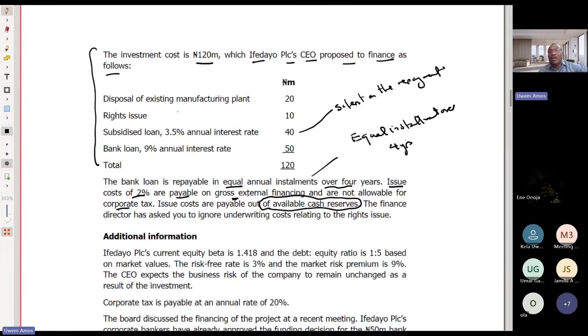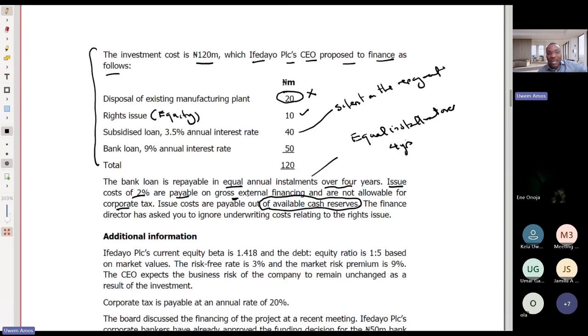When we say external finance, we mean the company raising money from external sources. So what are these external sources? One, disposal of manufacturing plant is not raising finance from external sources. The company is just selling what it has. It's not raising finance through equity, through debt, and all of that. So that is out. Right issue, yes, the company is issuing equity to existing shareholders, so it's external finance, 10 million.